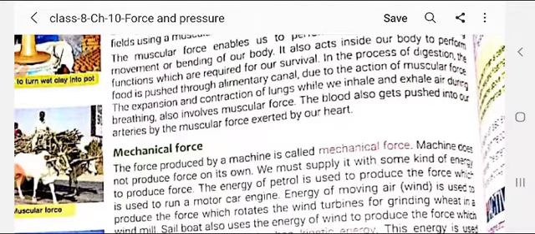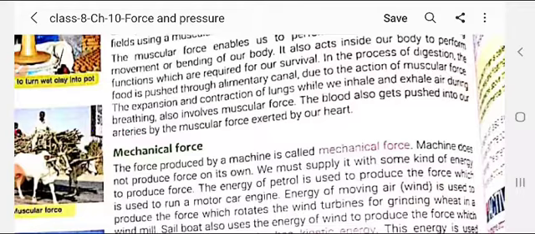Okay, so now suppose we inhale and exhale the air. We inhale and exhale the air during breathing. Here also a muscular force is applied for throwing out the carbon dioxide and pulling the oxygen inside.